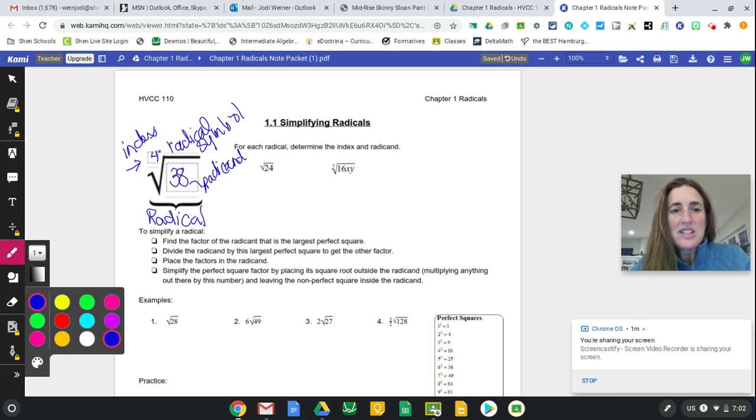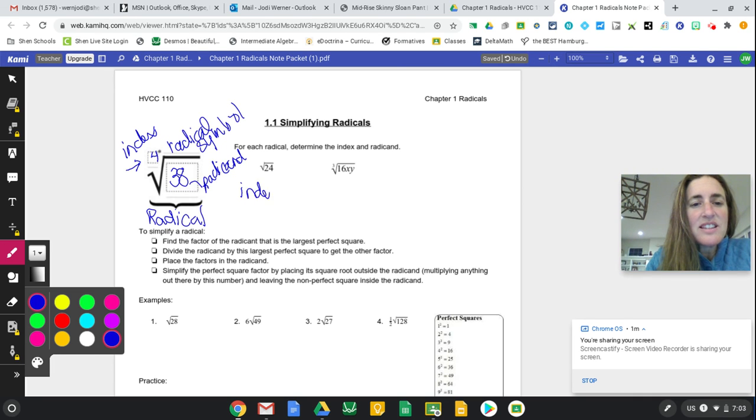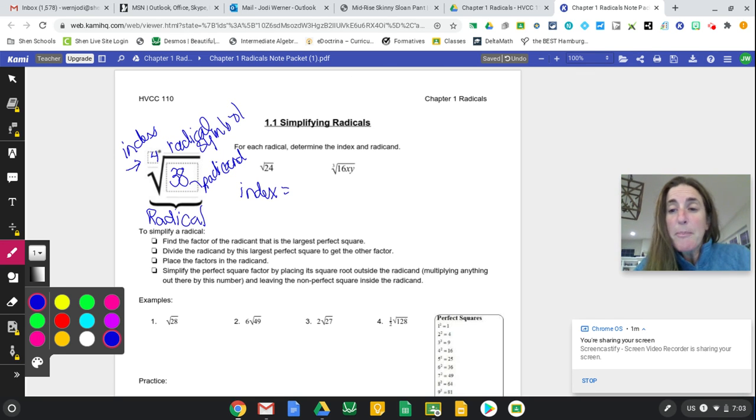Okay, so the first example says for each radical, determine the index and radicand. This is going to be a piece of cake. So first off, let's find the index on these guys. On the first one, there's no number on the outside of the symbol. So remember, that means it's a square root, or the little power is 2. But on the second example, there's a 3 out there, so that means take a cube root of that 16xy.